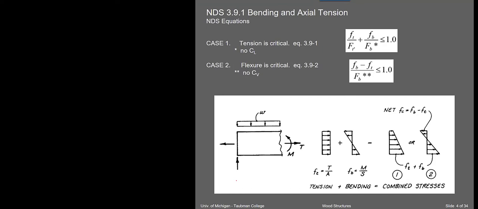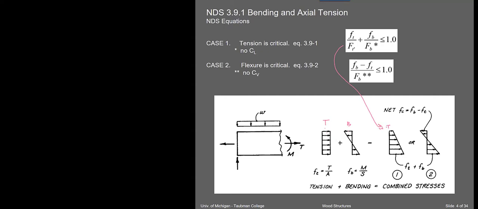Okay, so this is diagrammatically how these work out. If I've got a tensile force and a bending force, and I add them together, then if the tension is greater than the bending, I'll end up with this. This would be where tension is critical, right? That would be this first formula.